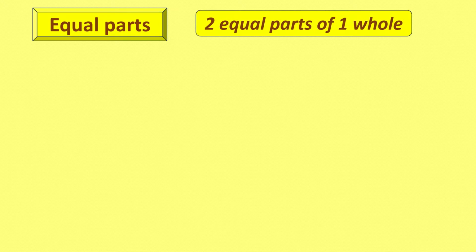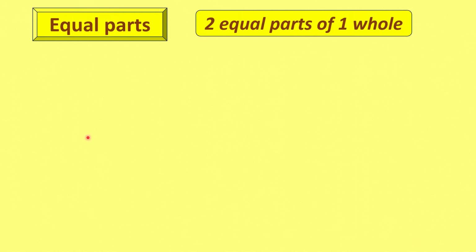So look at here, it's about equal parts. Again we are talking about the same thing: two equal parts of a whole. That is, bacha, we take one object, and when we cut it, we get two parts.